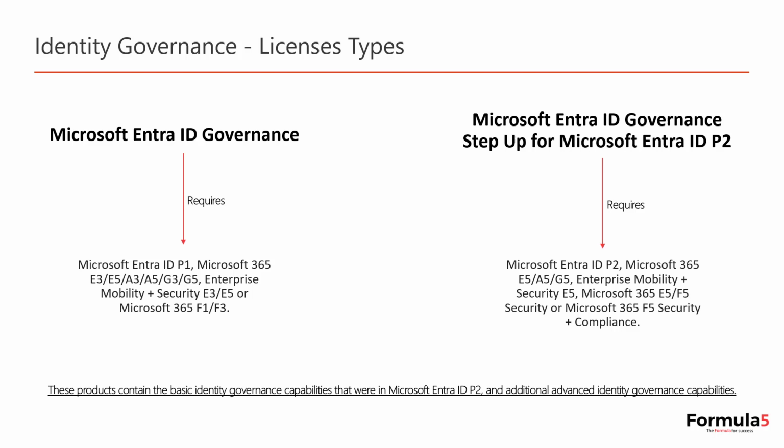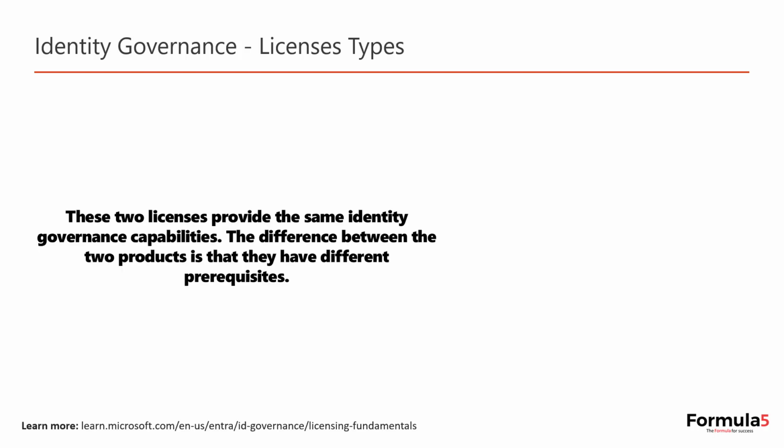Those provide the same access to features available in Entra P2 and also some additional advanced identity governance features. So these two licenses provide the same identity governance capabilities. The difference between the two products is that they have different prerequisites.